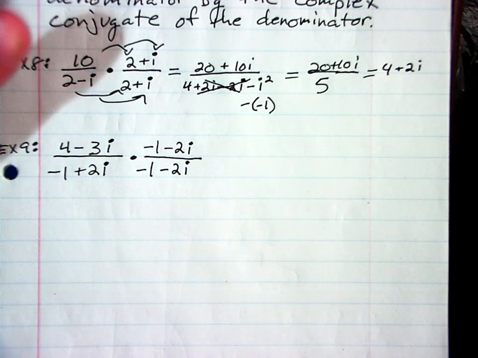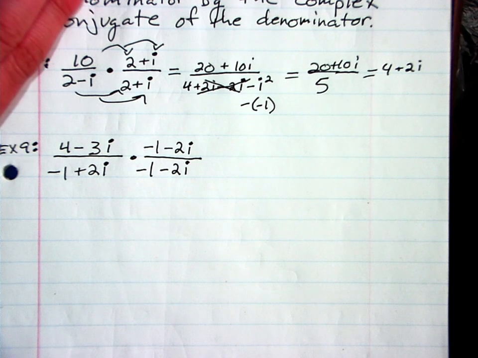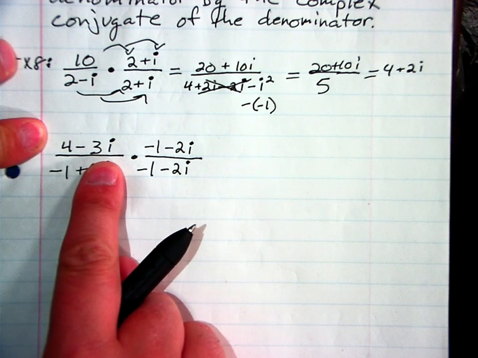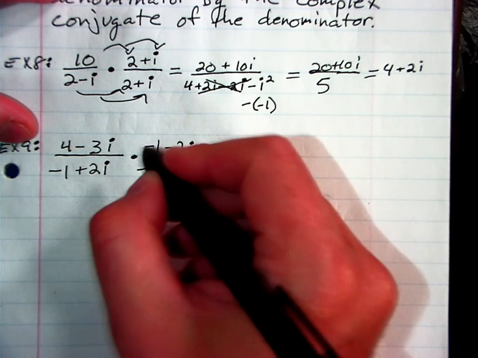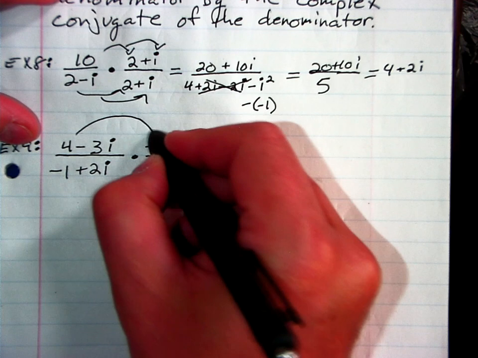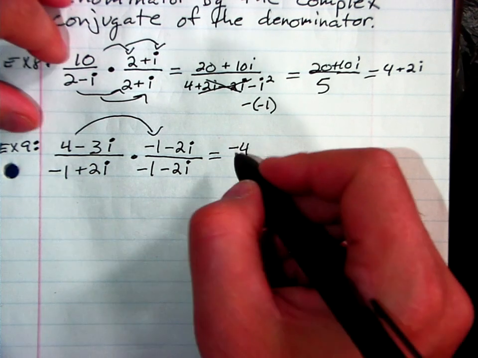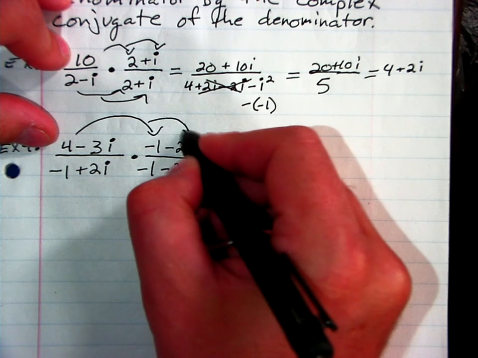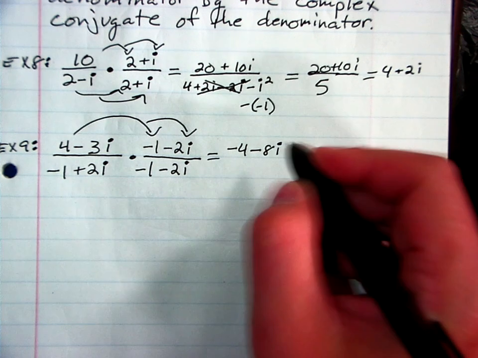So this is only one step harder than the last problem. So what happens to the 4 minus 3i? It's still there. We're going to multiply it right now. All right, so 4 times negative 1 is negative 4. 4 times negative 2i is negative 8i.